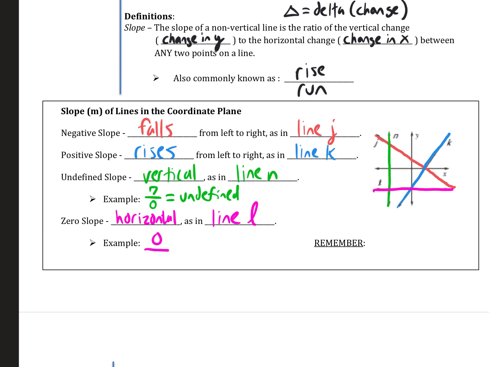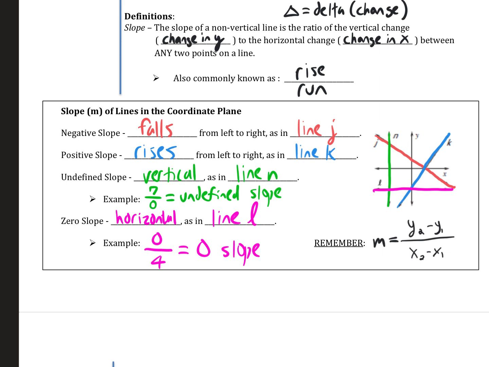It doesn't go up or down at all, but the run could be like 4. And what's 0 divided by 4? It's 0. It's a zero slope. All right, sounds good. And then remember the formula. The formula is slope is y2 minus y1 over x2 minus x1. Don't forget that formula.